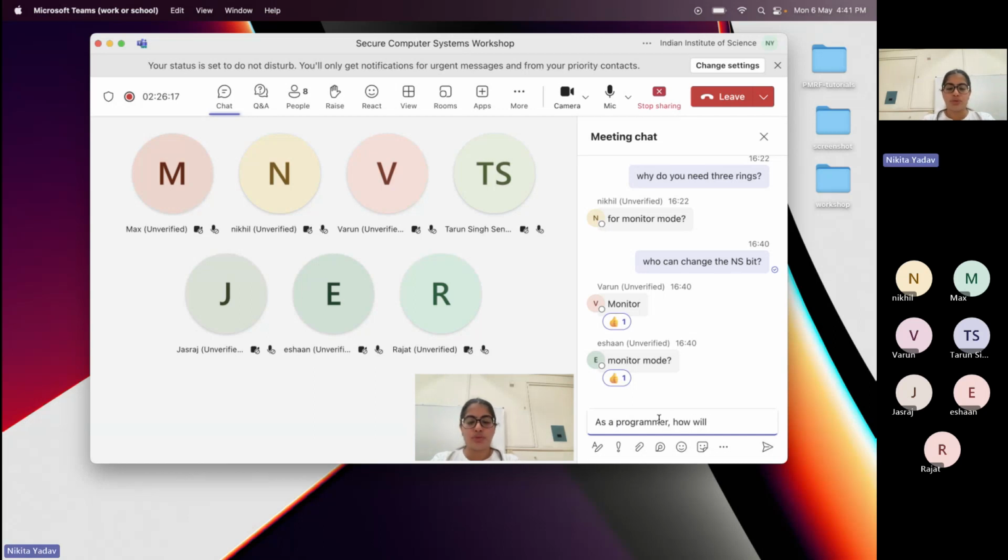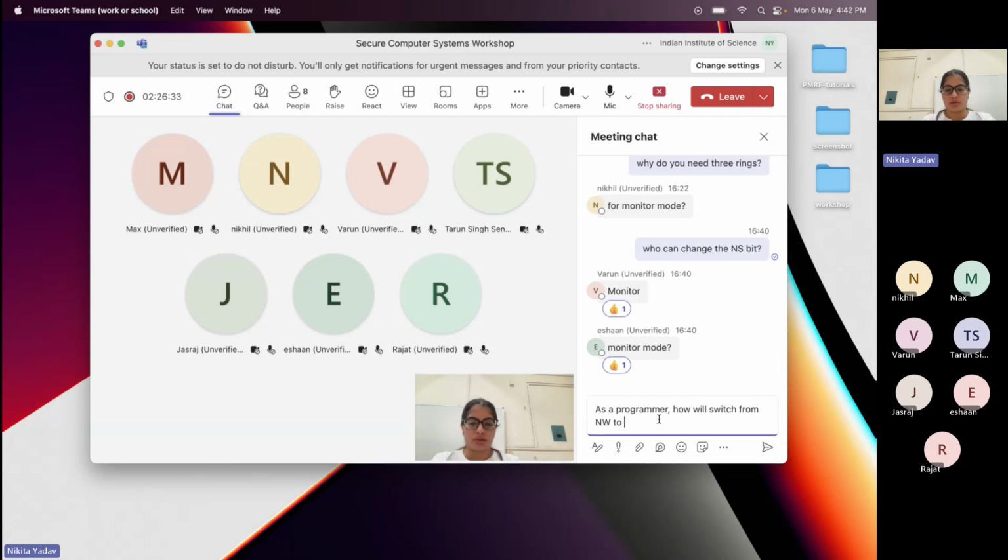Let's say your application is running in the normal world, how will you switch from the normal world to the secure world?